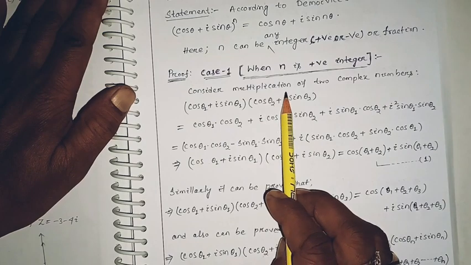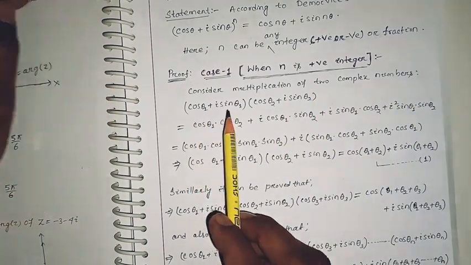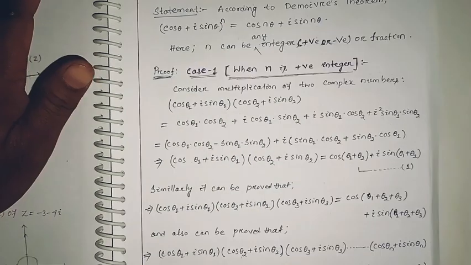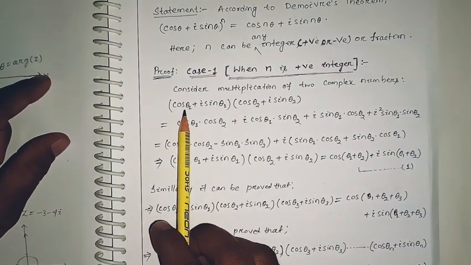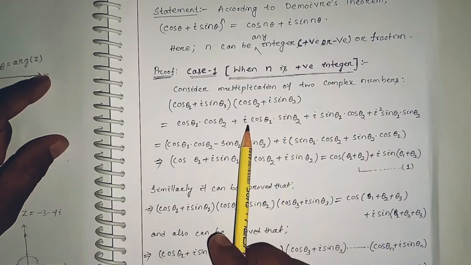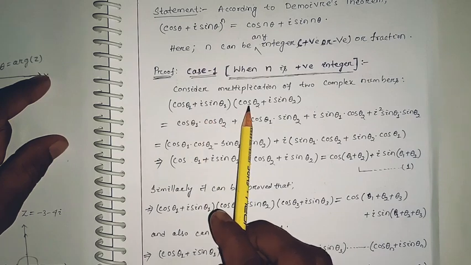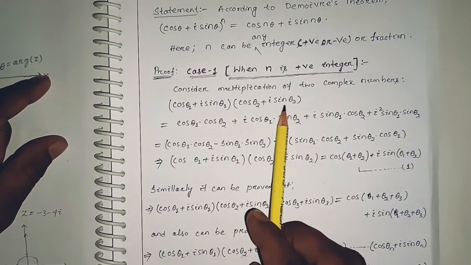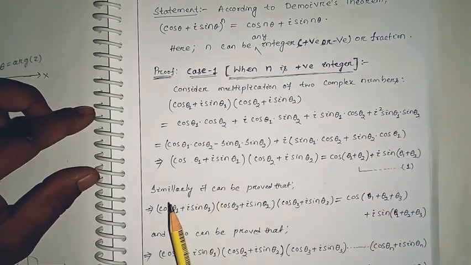Consider the multiplication of two complex numbers, (cos theta 1 plus i sin theta 1) into (cos theta 2 plus i sin theta 2). Just multiply it. Here you can see cos theta 1 into cos theta 2, cos theta 1 into i sin theta 2, i sin theta 1 into cos theta 2, and i square sin theta 1 into sin theta 2.